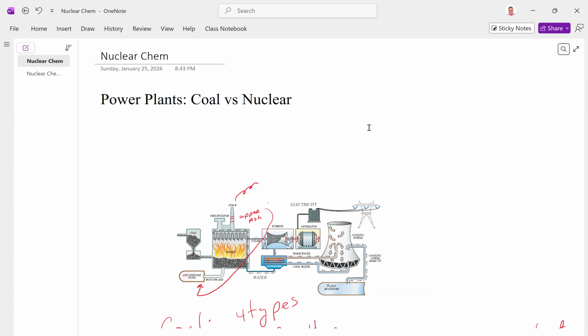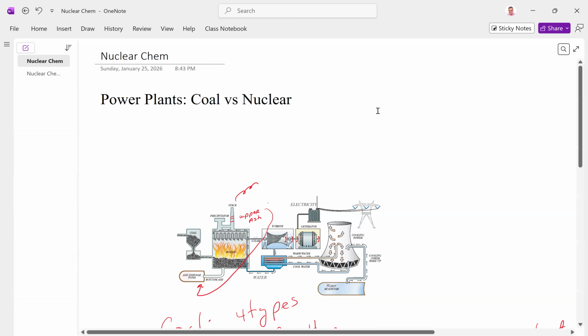Two I'm going to talk about today are coal and nuclear. But there's wind, there's solar, there's tidal, there's hydroelectric, there's a number of them. And I like all of them. Unfortunately, our government likes a few of them, actually focused on one. All right, so let's talk about this now.